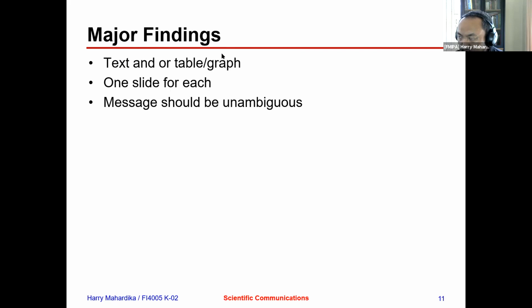table more than text, okay, and then one slide for each.